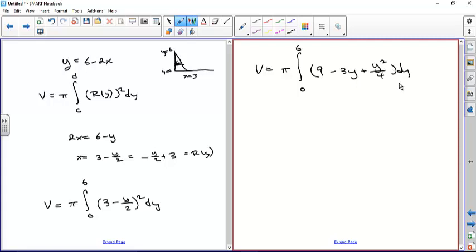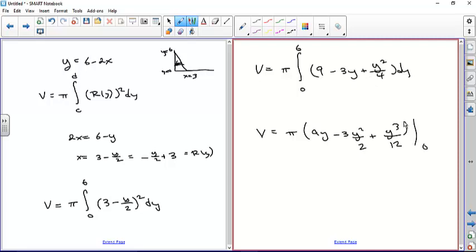Okay, so now we're going to integrate. So they're all polynomials. So the integral of 9 dy is 9y. The integral of negative 3y is negative 3y squared over 2. And the integral of y squared is y cubed, and you're going to divide by 3. 3 times 4 is 12.